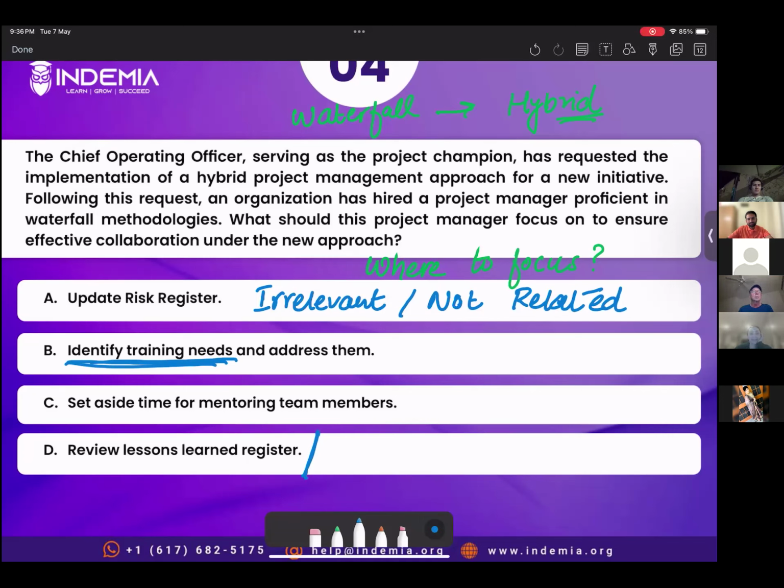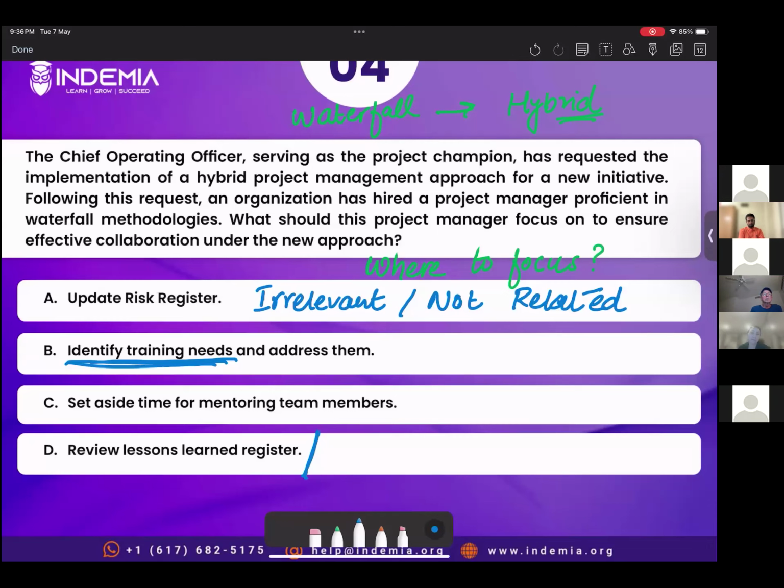Mudit has chosen C. Mudit, why C? Could you please elaborate? I saw that they are asking how the communication and collaboration can be effective. So update risk register, absolutely, it is not possible. Review lessons register, but we have to improve the collaboration, and hence we are not taking out time with the people. Training needs and address them. Yes, you can conduct trainings from external people as well, but during the trainings, there will be no time for collaborating.